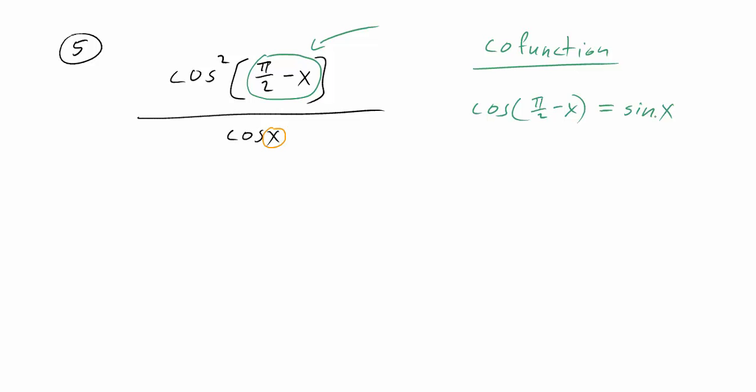So that means we can rewrite the numerator, instead of writing cosine squared of pi over 2 minus x, as, because it's squared, sine squared of x. And now that matches with the cosine x on the bottom.